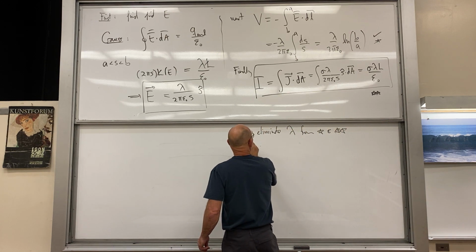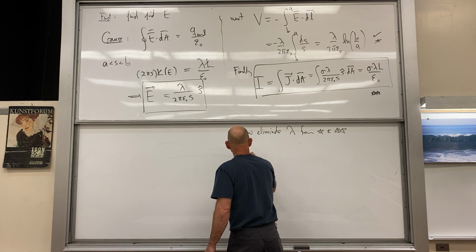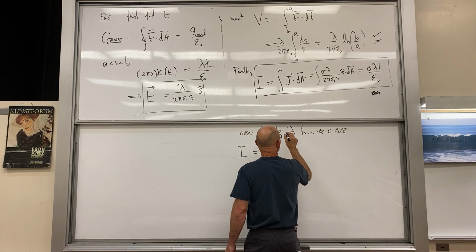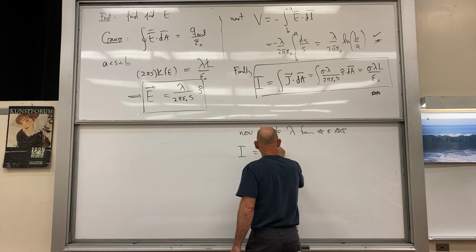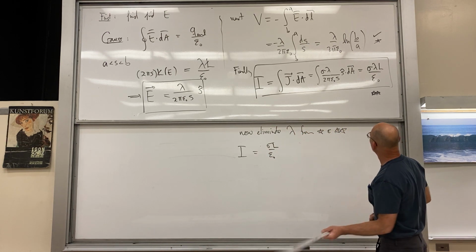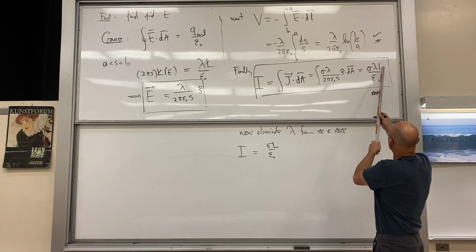We can have I is equal to sigma L over epsilon naught times lambda.